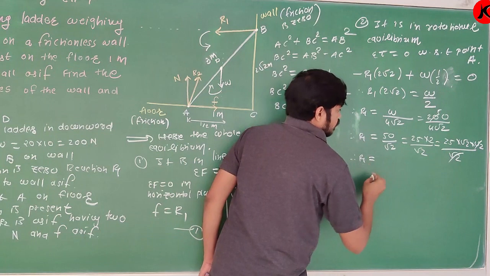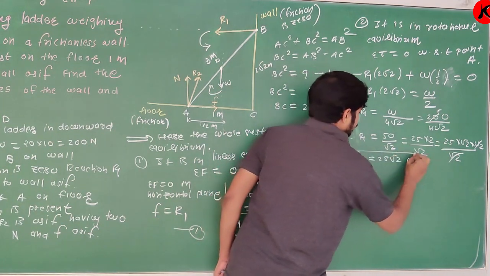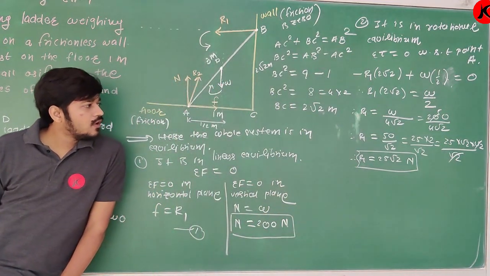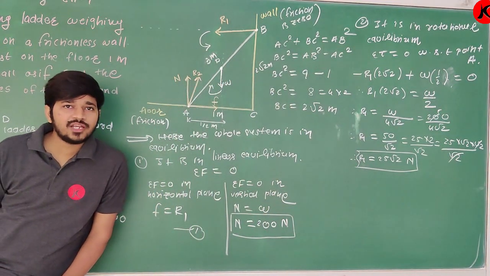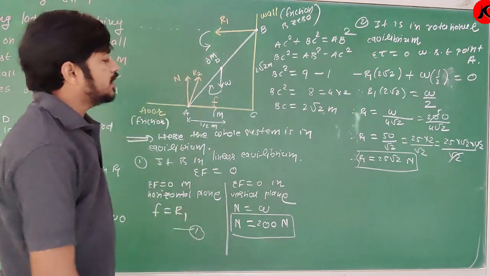Therefore R1 is equal to 25 root 2 Newton. This is the value of R1. Clear about it? So the first answer we got is R1 equal to 25 root 2.